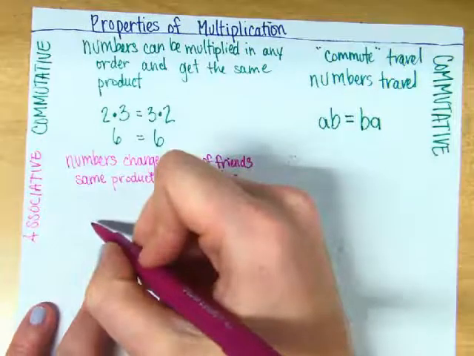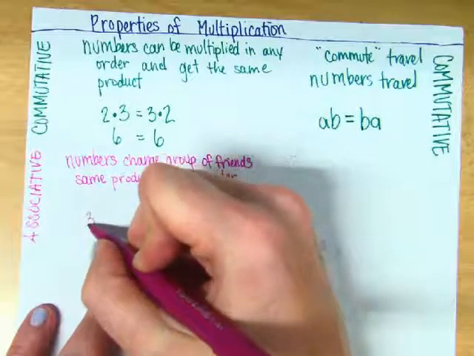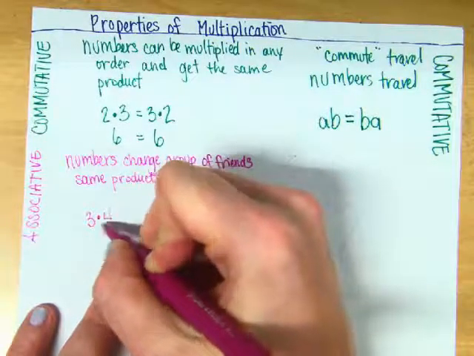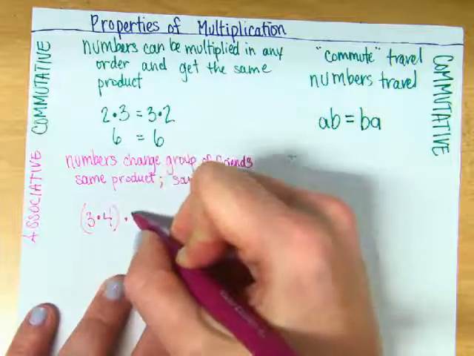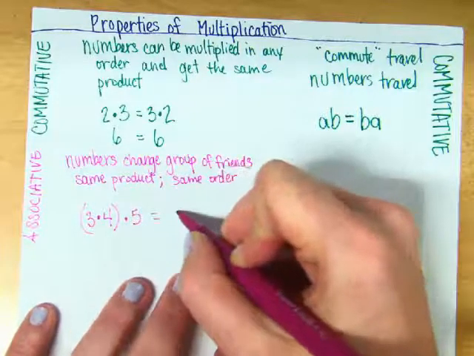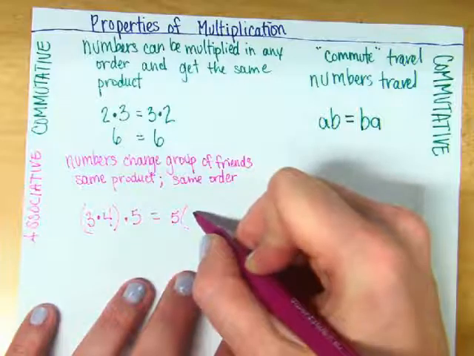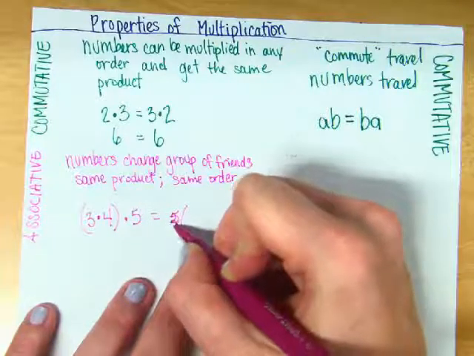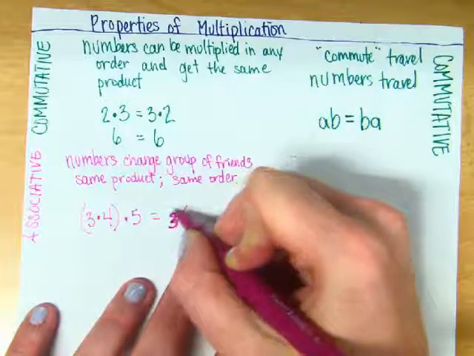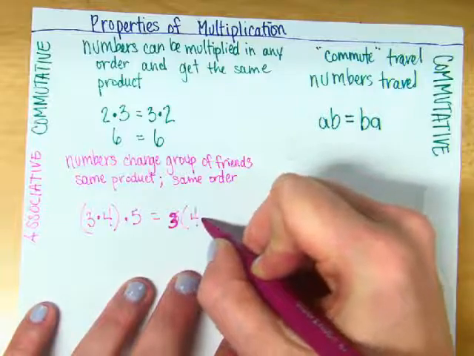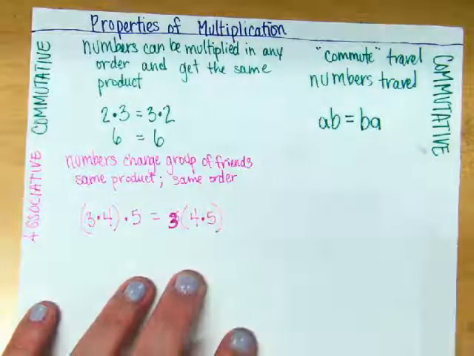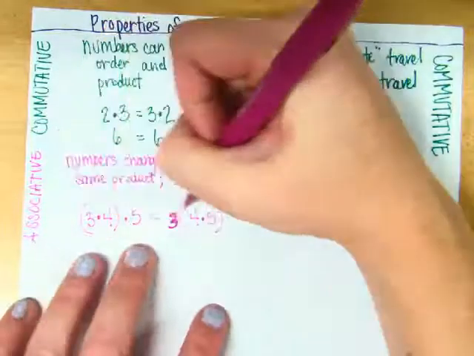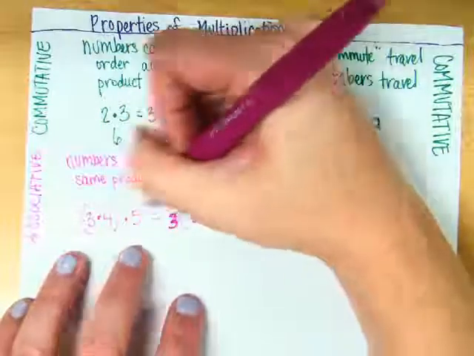So what that looks like would be 3 times 4 inside parentheses times 5 is the same thing as 3 times parentheses 4 times 5. So the order is the same, 3, 4, 5.